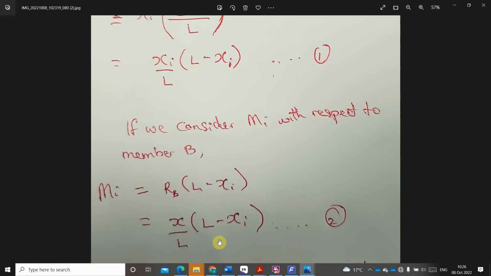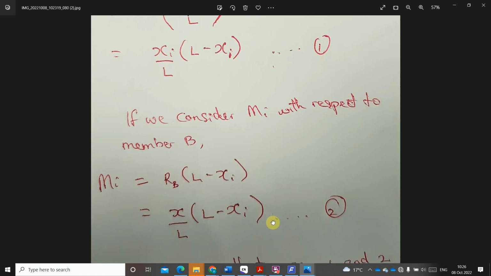Now if you look at this equation 1 and equation 2, you can see that they are similar. What it means is that at the midpoint, this is the midpoint for the two. When S equals this, we're going to have this as the diagram for our bending moment at the midpoint, where let me say the termination point of member A and the starting point of member B. So let's put that into a diagram and see what we are going to have.